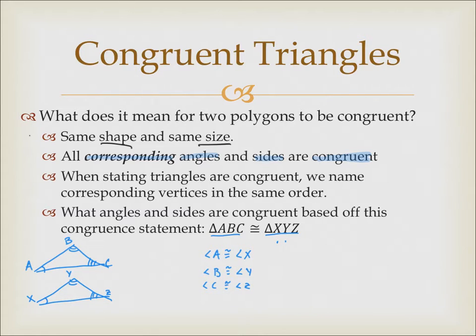So I have line segment AB is congruent to line segment XY, and you can go on down the congruency statement. All of these should match with our picture if we drew it correctly off of the congruency statement. And there you have it, all the congruent angles and side lengths.